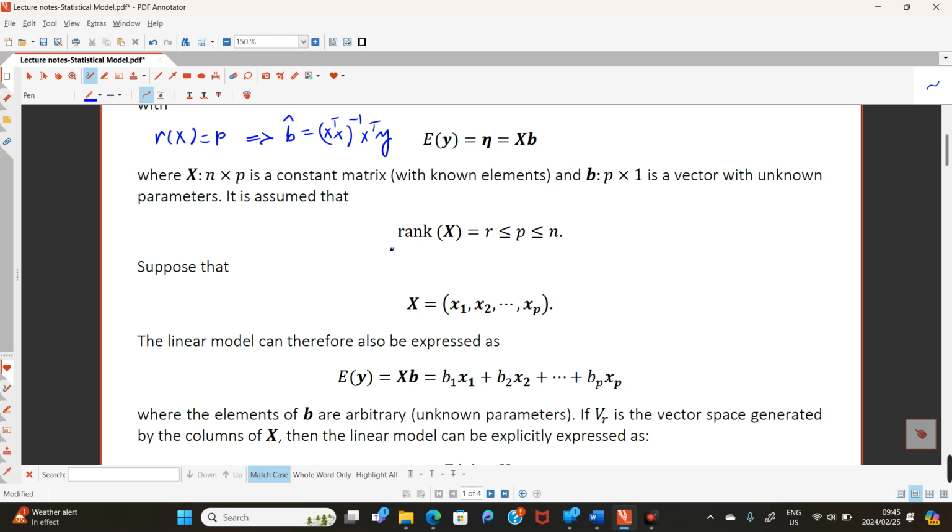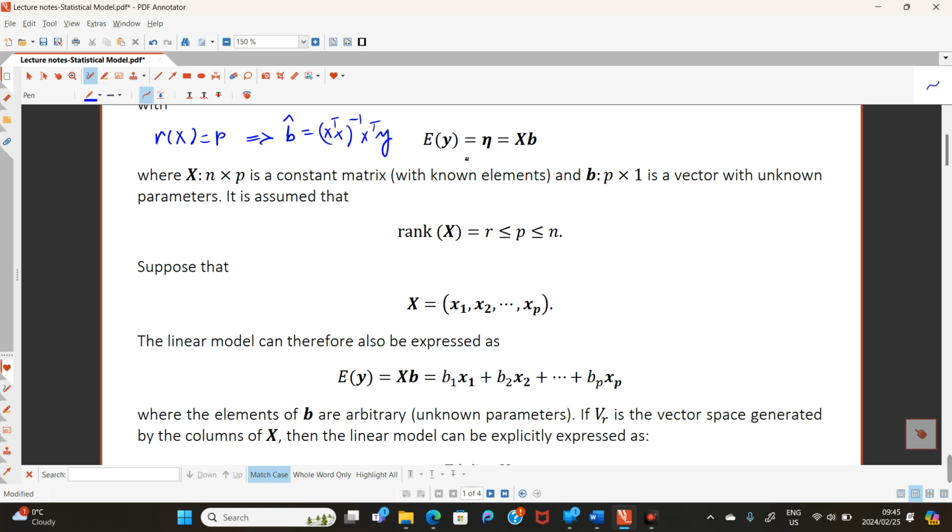But here we assume the design matrix X, or this constant matrix X, is rank deficient. So we assume the rank of X is equal to r, or better say we have r independent columns, which is less than p.